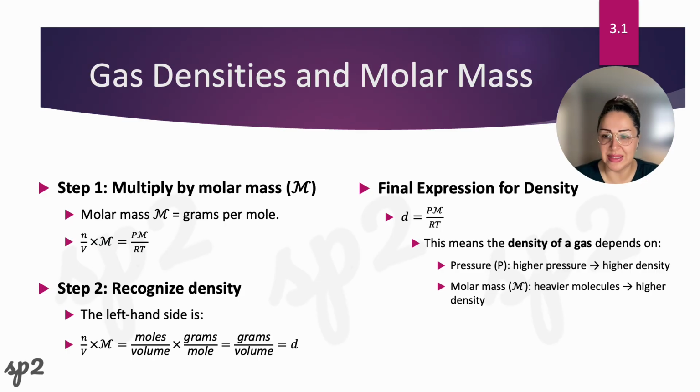So if you have a gas that has higher molar mass, we're expecting to get higher density. Now, temperature is in the denominator, so that would be an inverse proportionality, or you can say an indirect relationship. So if you increase your temperature, we're expecting to get lower density. I hope that makes sense.